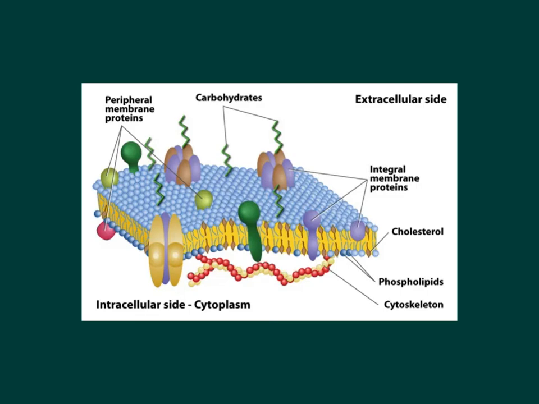Much like your cell membrane, because what I showed you before is too simple. Instead, what the cell membrane actually looks like is this. So it's not really just phospholipids.